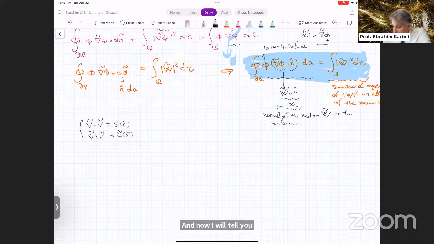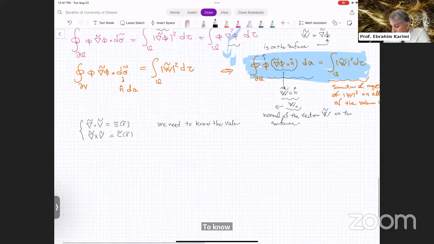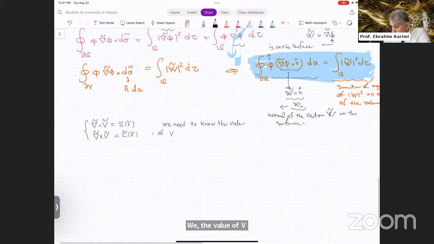I will tell you that in addition to these equations, we need to know V, or the value of V, on the boundary.